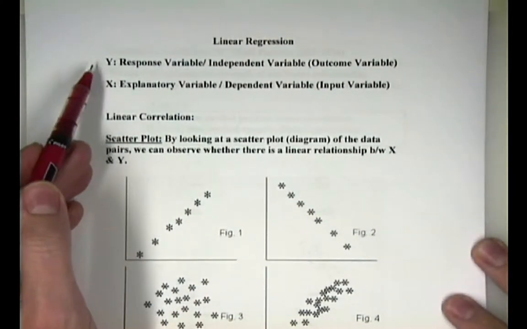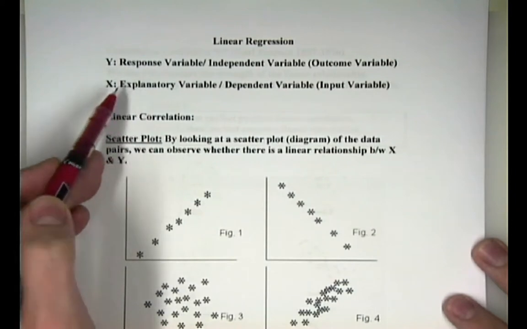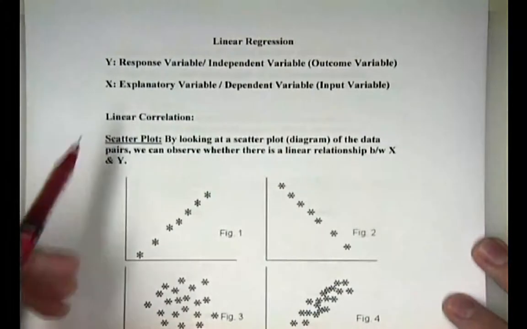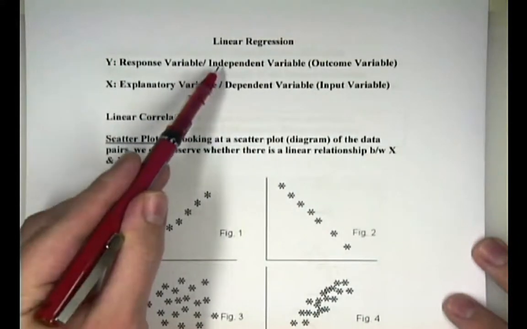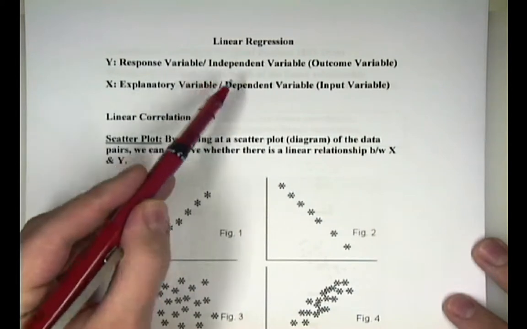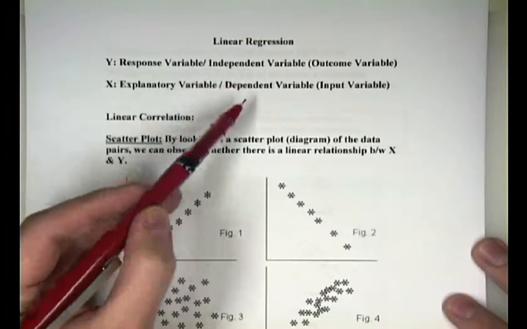You have the y variable, which is the response variable or the outcome variable. You have the x variable, which is the variable that helps to explain the response, or as I like to call it, the input variable. Many books refer to y as the independent variable and the x as the dependent variable, but personally that always confused me trying to keep up with those two terms.